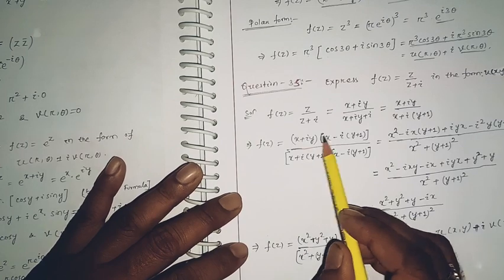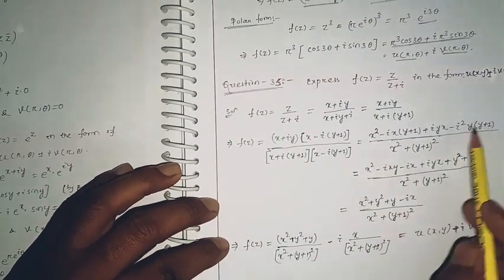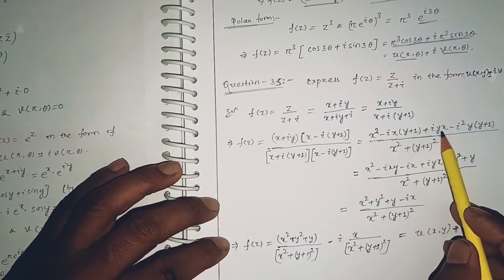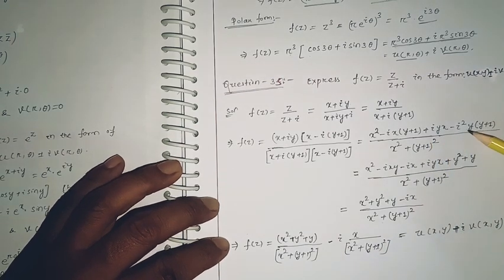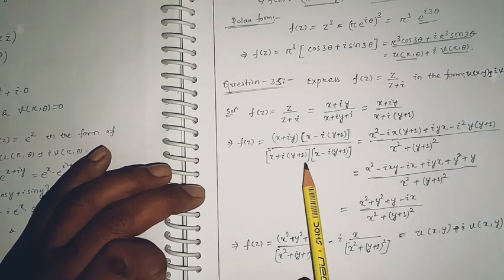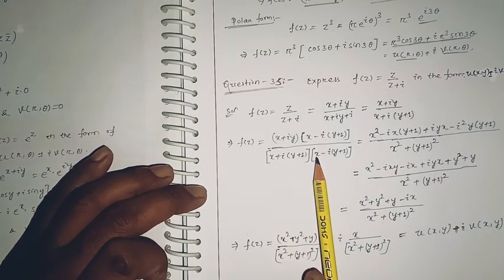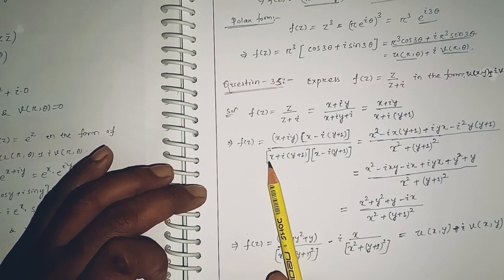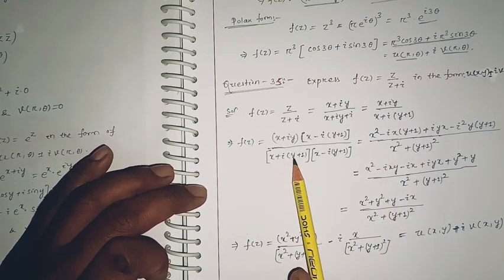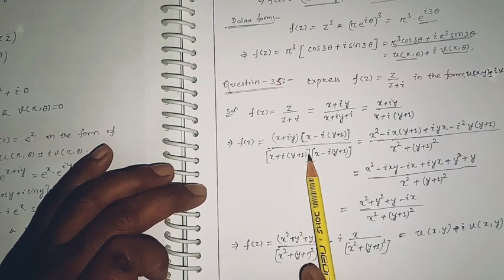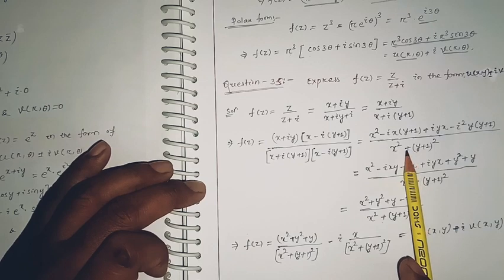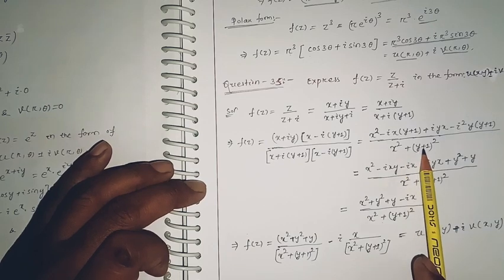If you multiply these two terms, we find x square minus ix(y plus 1) plus iyx minus i square y(y plus 1), whole divided by, this is in the form of a plus b into a minus b. That means a square, that is x square minus i square into (y plus 1) whole square. I square is minus 1, and already a minus is there, so it will be plus (y plus 1) whole square.